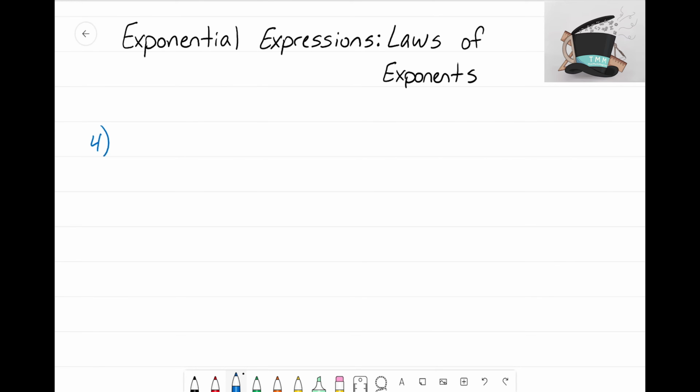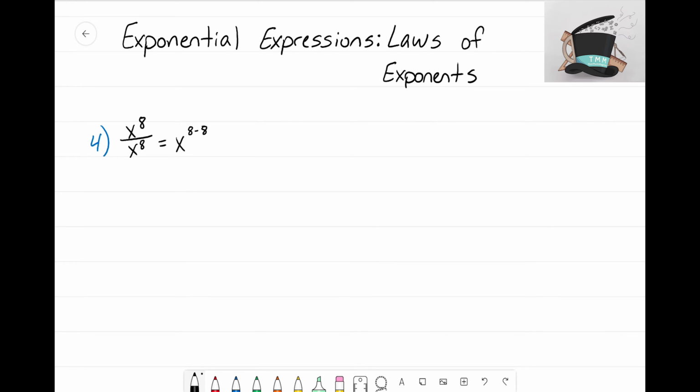So let's look at the expression x to the 8th power over x to the 8th power. Thinking about this in terms of our laws of exponents, we learned that if we have a division problem with variables, all we have to do is take those exponents, the 8 and the 8, and subtract them.